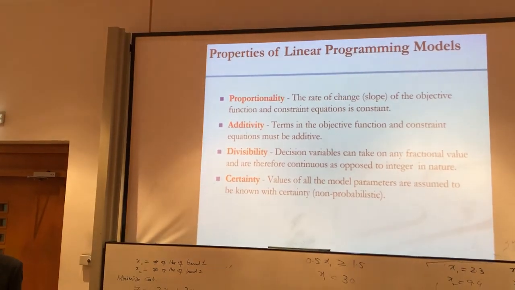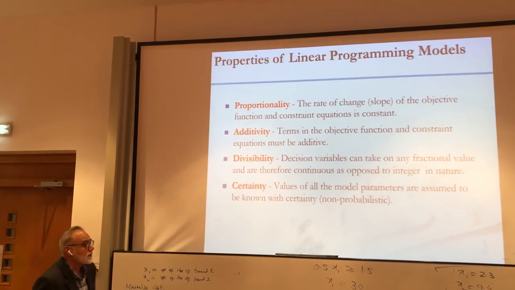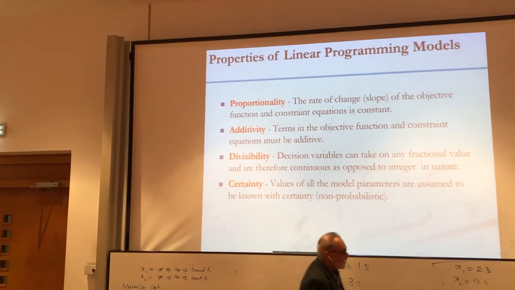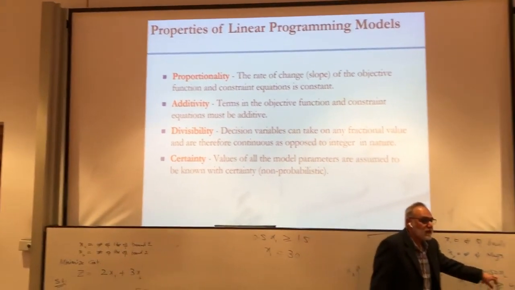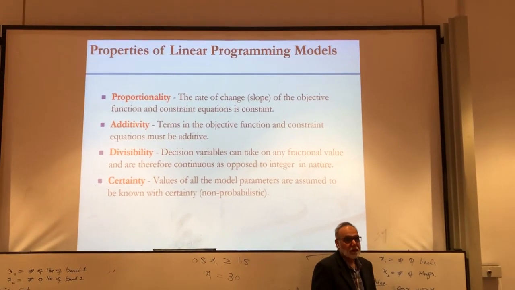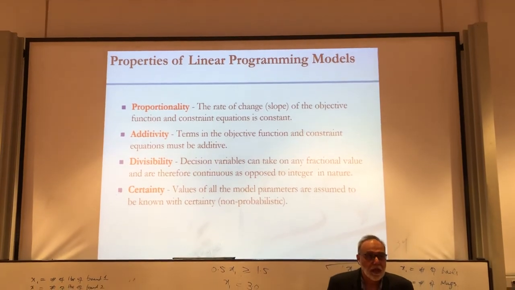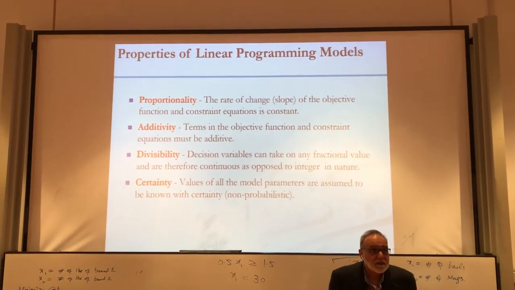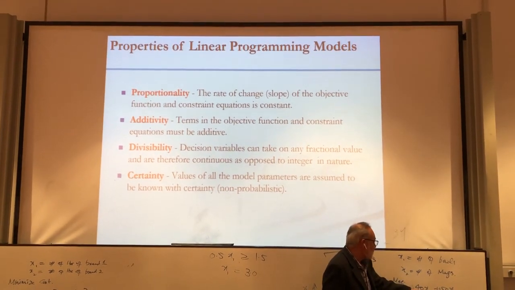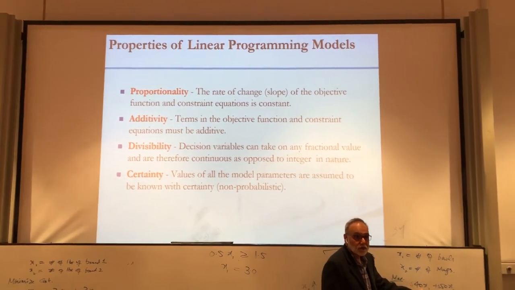Certainty. Certainty is that the values of the model parameters are assumed to be known with certainty. It is non-probabilistic. As you can see over here, these numbers 40, 50, 1, 2, 4, 3, these parameters are considered constant when we are solving this LP problem. So we are certain that one bowl will bring $40 profit to us.